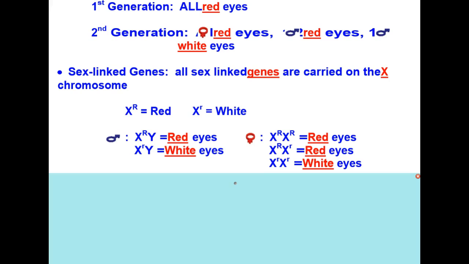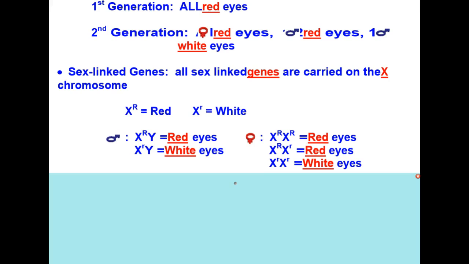However, we see 3 options with females because they have 2 X chromosomes. A female with red eyes could be homozygous red, X big R, X big R, or heterozygous red, X big R, X little r.